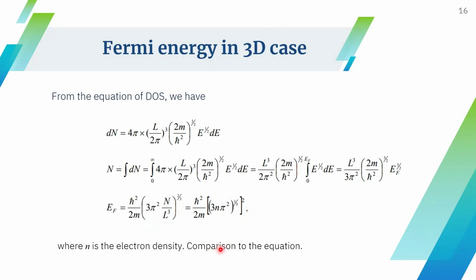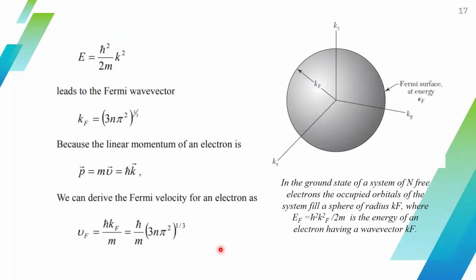Compared to the equation E equals ħ²/2m k², this leads to the Fermi wave vector kf equals (3π² n)^(1/3). Because the linear momentum of an electron is p vector equals m v vector, which equals ħ k vector.